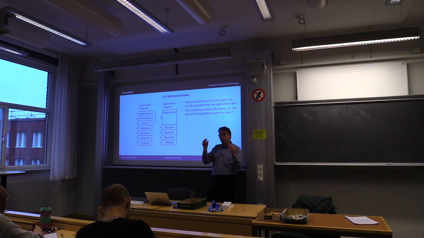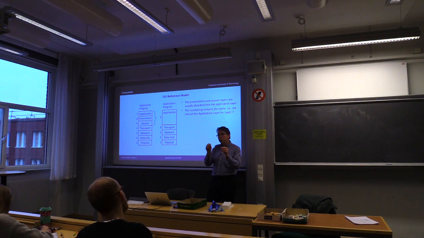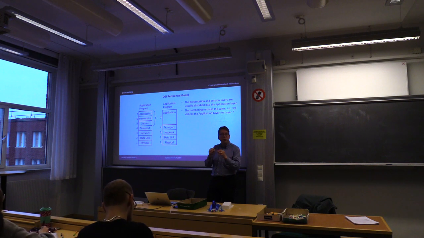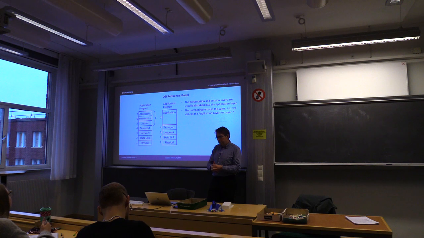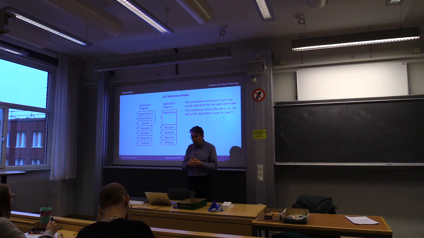But if you divide up the problem in too many small sub-pieces, it actually becomes bad, right? Because you get inefficiencies and things like that. So it was quickly realized that layer 5 and 6 basically didn't have enough functionality to really justify that they should be their own layers.